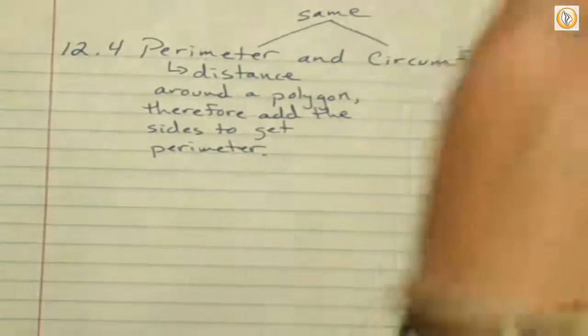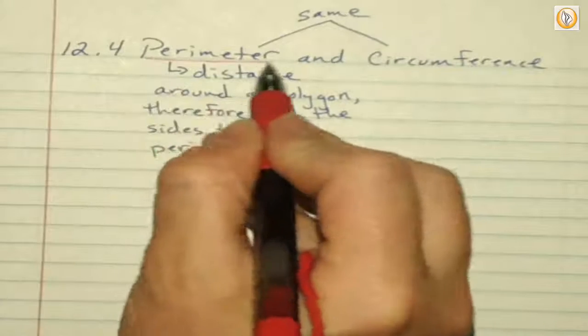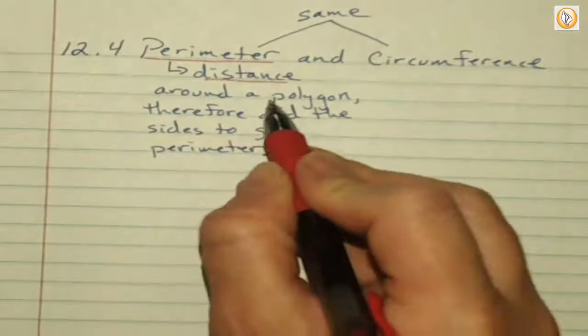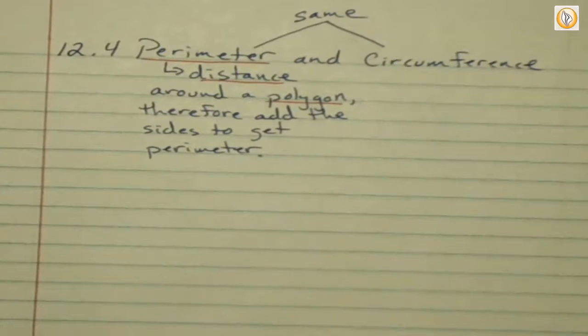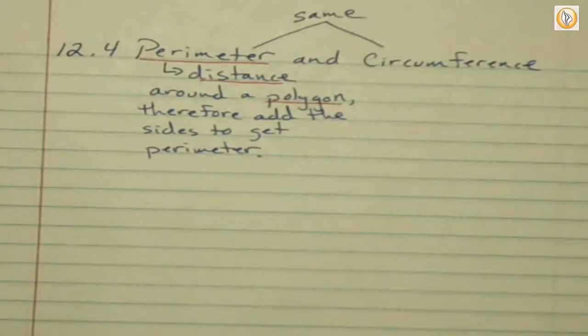So it's distance, perimeter is the distance around a polygon. All you have to do is add up the sides to get the perimeter.